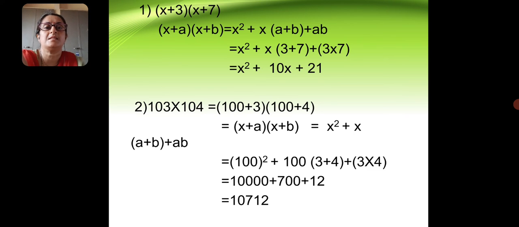So x square is 100 square, plus 100 in the bracket A plus B, we replace with 3 plus 4, and last is A into B, that is 3 into 4. So 100 square is 10,000, plus 3 plus 4 is 7 into 100 is 700, 3 into 4 is 12. So that gives us 10,712.